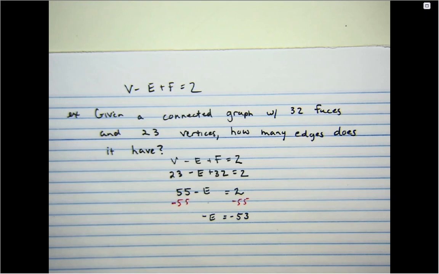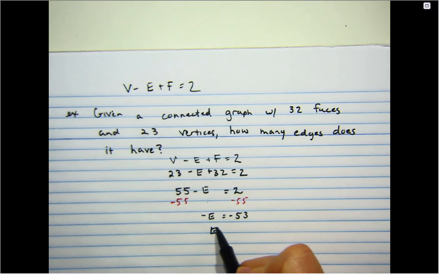And if negative e is negative 53, that means positive e is positive 53. So there's 53 edges. Okay, so you can add up the two numbers on the left. If one of the numbers is the edges, it's going to be subtracted. Let's try another one where one of the numbers is edges. Anybody have any questions on the first one?